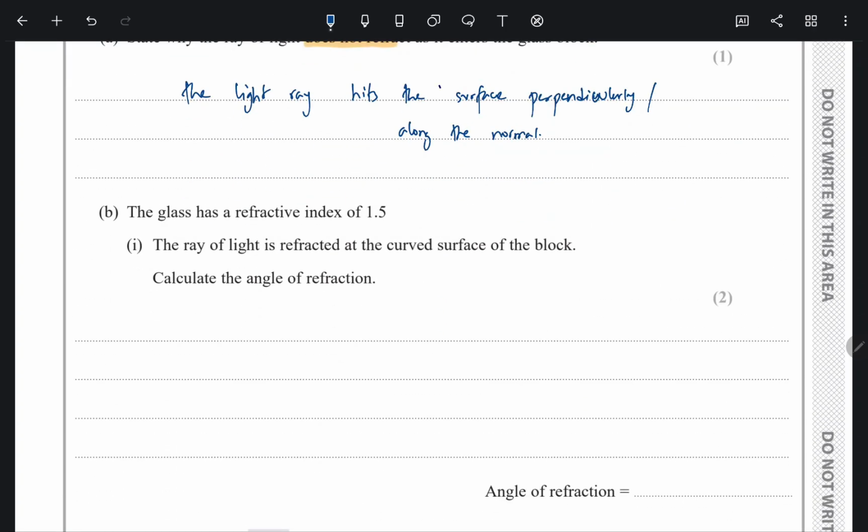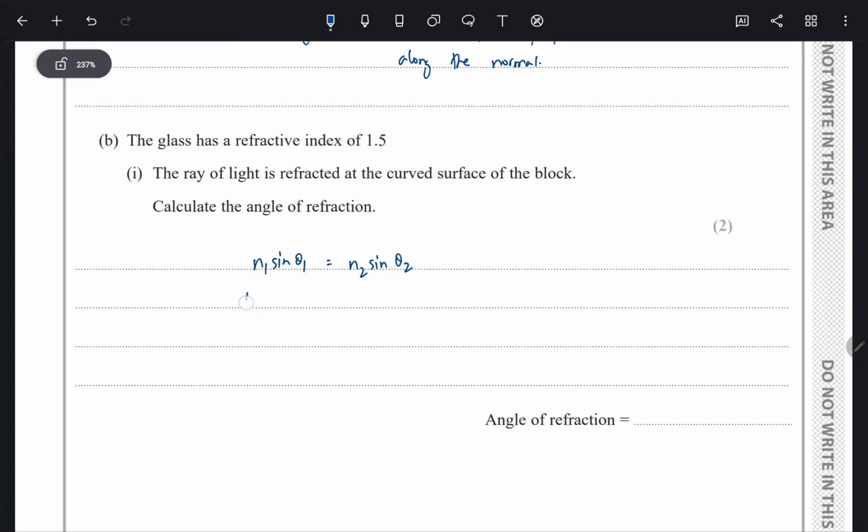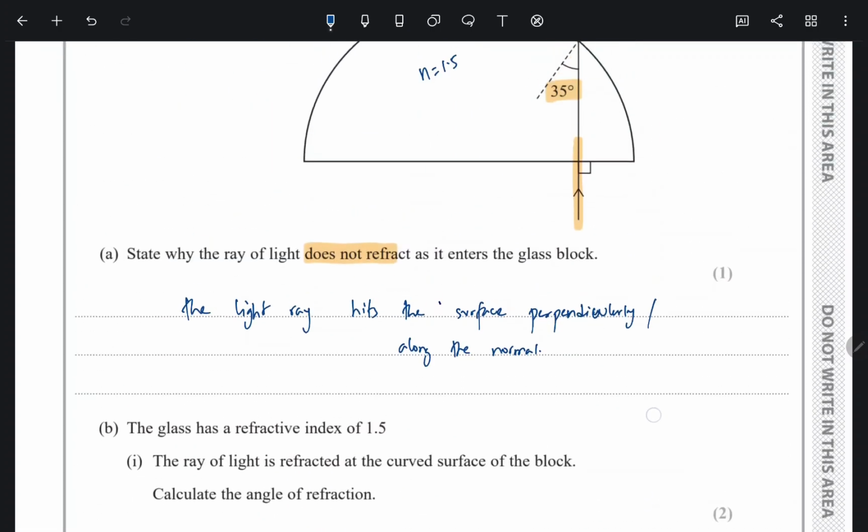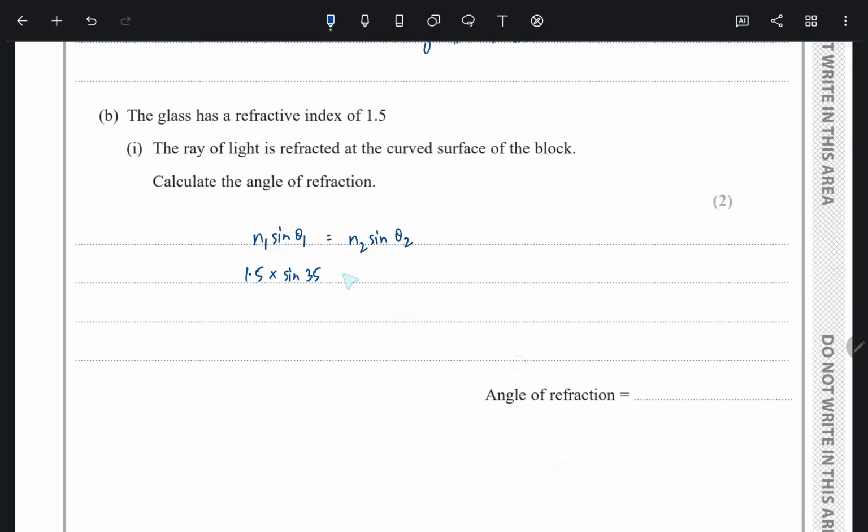So we're going to use Snell's law, n1 sine theta 1 equals n2 sine theta 2. So n1 is 1.5, that's the index of the glass, times sine 35, that's the angle of incidence, and n2 is 1 times sine theta 2.